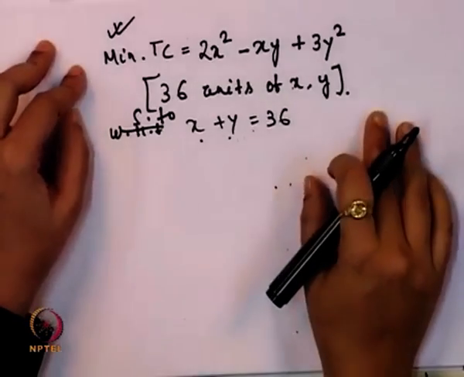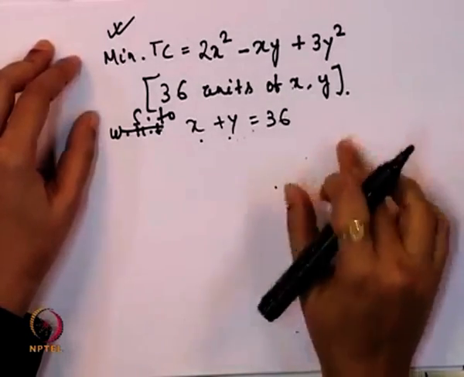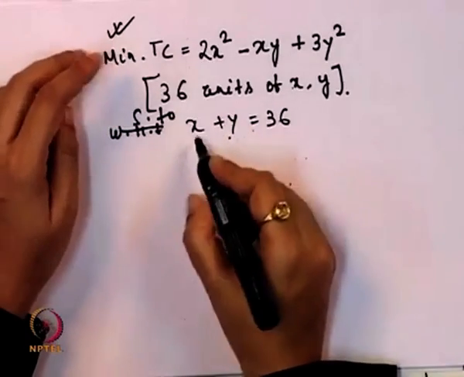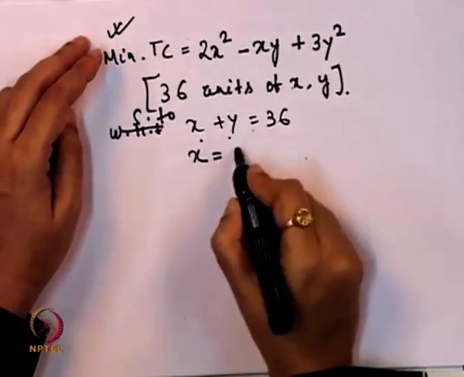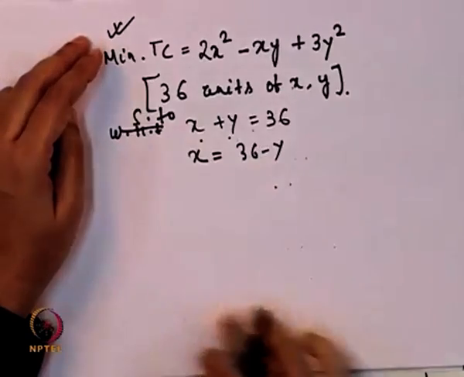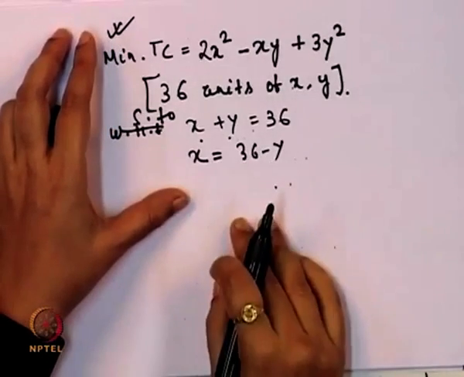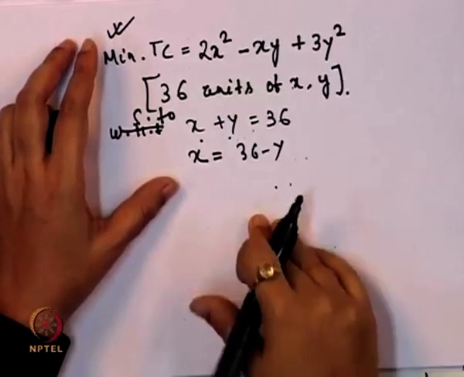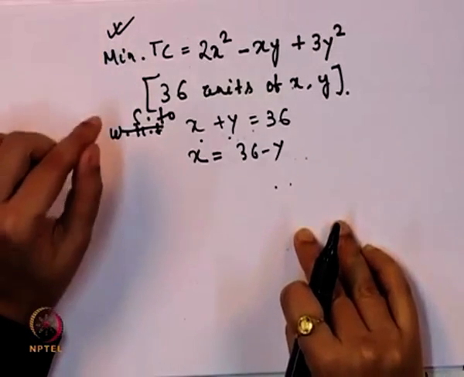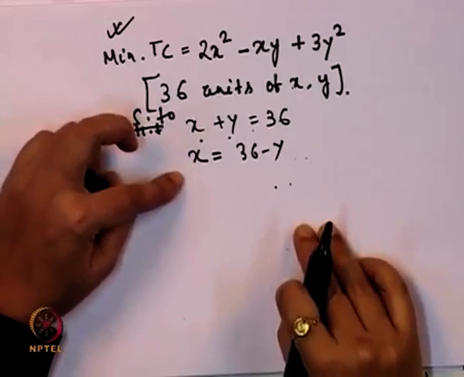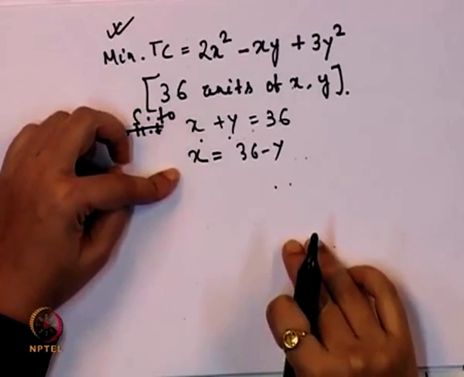Now following the substitution technique, what is the first step? We have to represent one variable in terms of the other variable. So x is equal to 36 minus y, because if you remember, the first step of the substitution technique is always representing one variable in terms of the other variable.